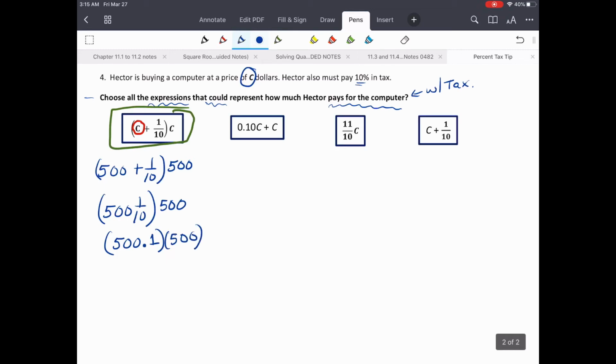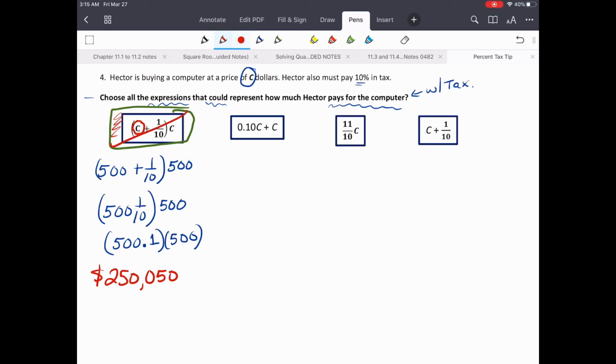And then if you do the work there, 500.1 times 500, I got 250,050. So according to that particular expression, using $500, I got the price of the computer is $250,000.